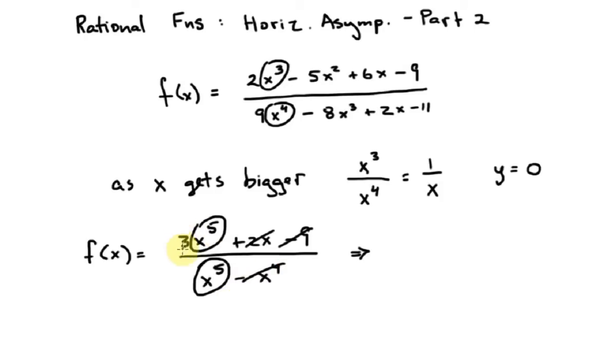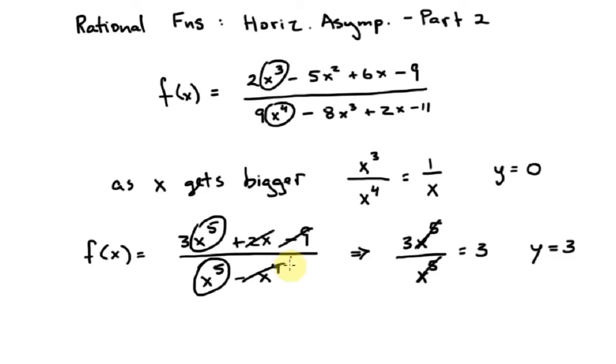But what we can't throw out is the 3, and so what we say is, well, the first term, which is dominating the top, is x to the 5th with a 3 in front. And on the bottom, what's dominating is x to the 5th with a 1 in front. Hey, look, if I simplify this now, just cancel these guys, this is just like 3. And so that means that our horizontal asymptote is y equals 3.